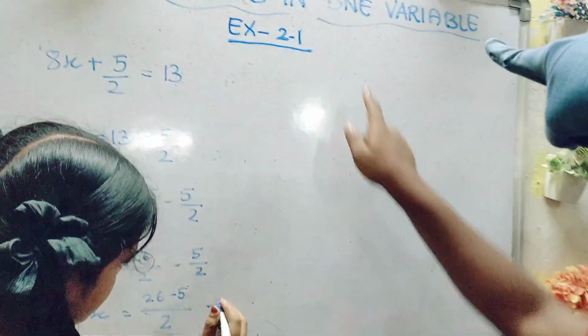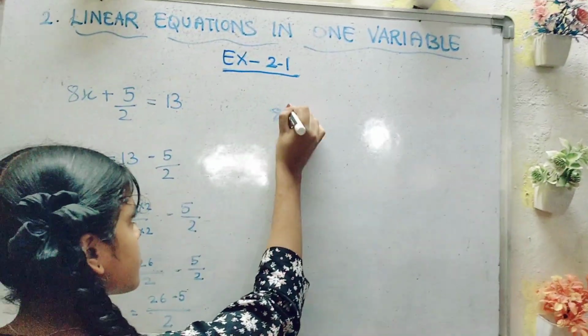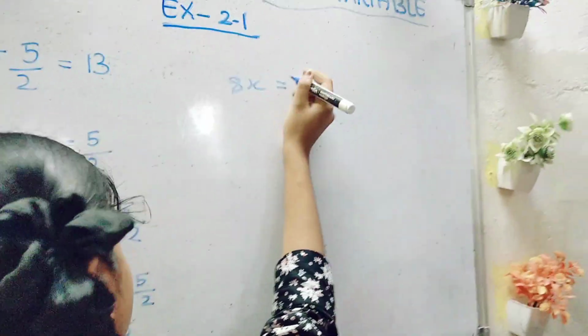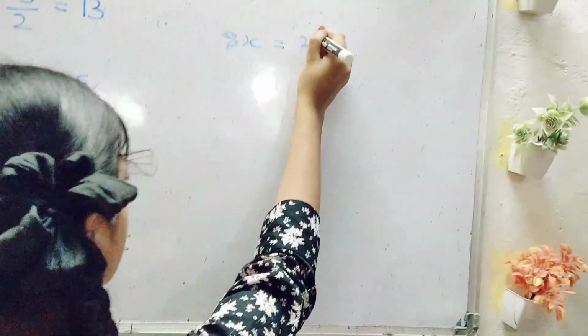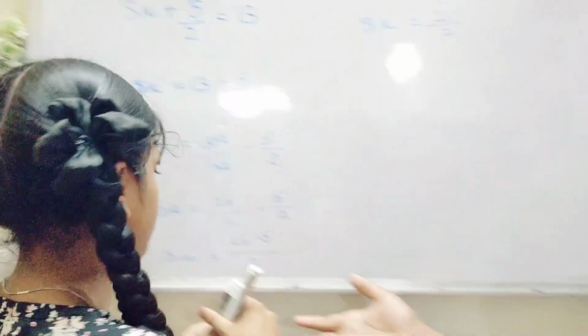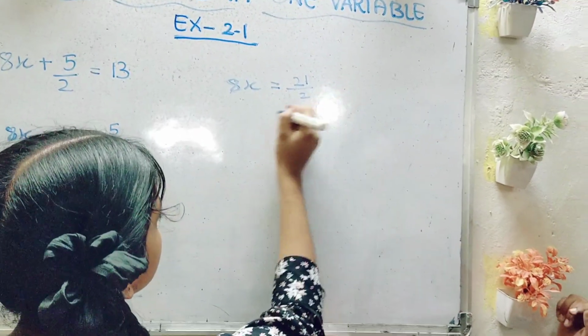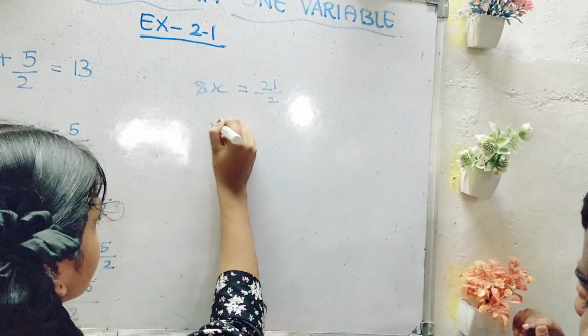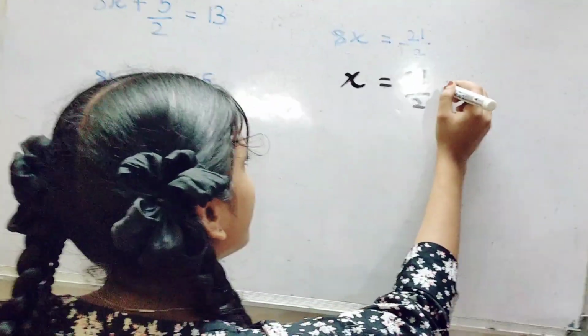Okay, you do it that side, Bhagya. 8x, write it dark please. 8x. Bhagya, can you take this marker? Maybe it will help you. Okay, 8x equal to 21 upon 2. Okay, then yes, then x dark. Okay, continue. Yes.